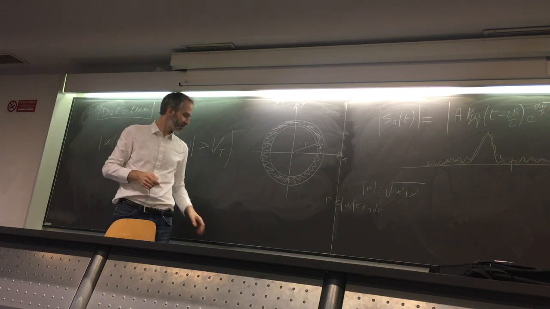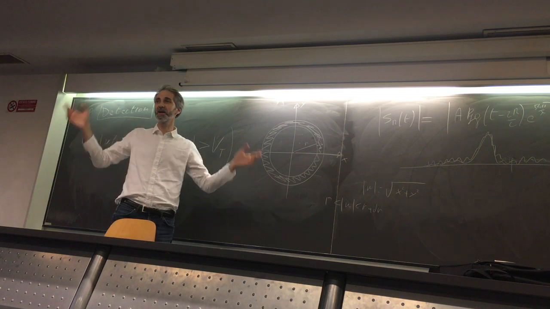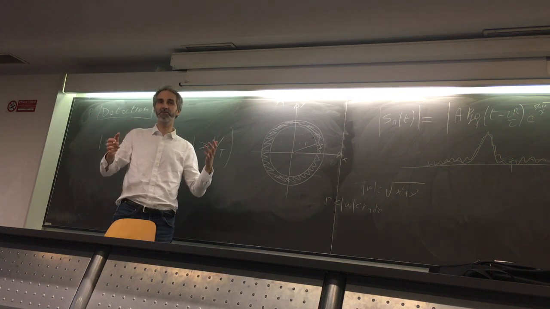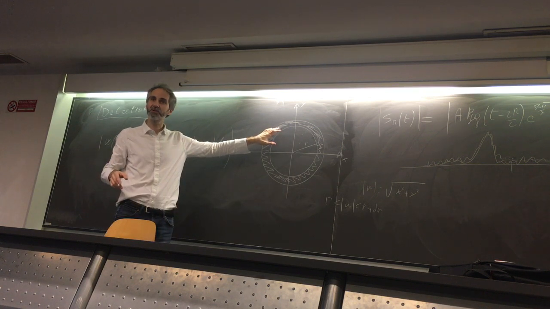And this probability is easy. This is just the integral of the joint probability of x and y in this region.